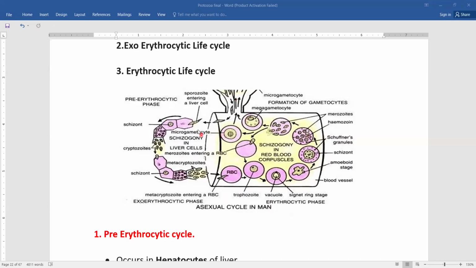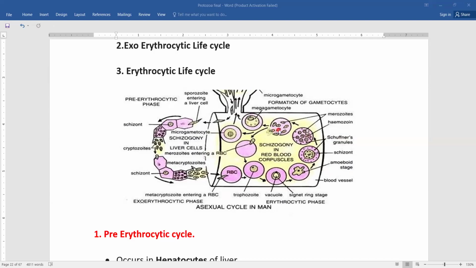Okay, so now this is the pre-erythrocytic life cycle, this is the exoerythrocytic life cycle, and this is the erythrocytic life cycle. After some continuous cycles of these, we will get fever and all those things.